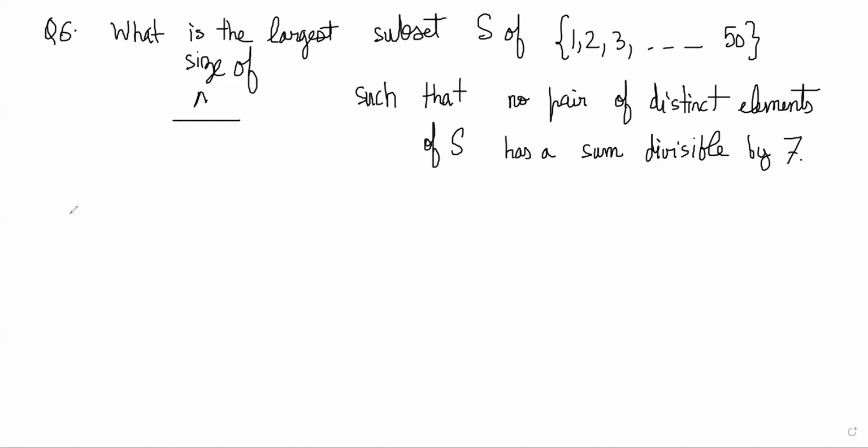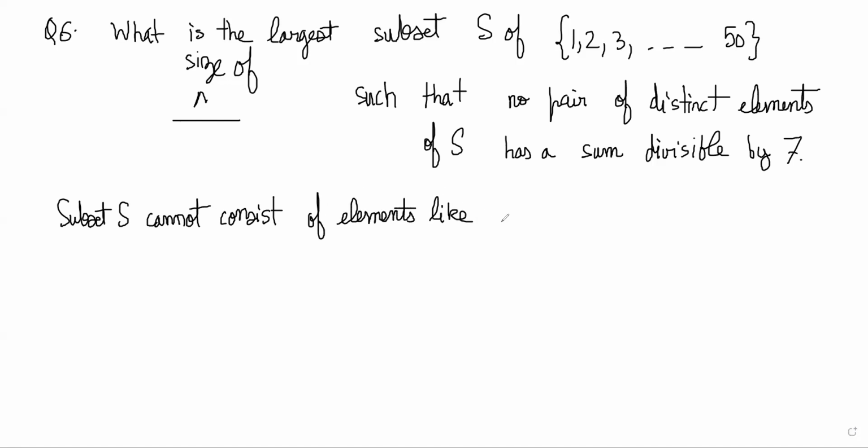So think about it. The subset S cannot consist of elements like 1 mod 7 and 6 mod 7 together, right? We can't consider both of these elements.